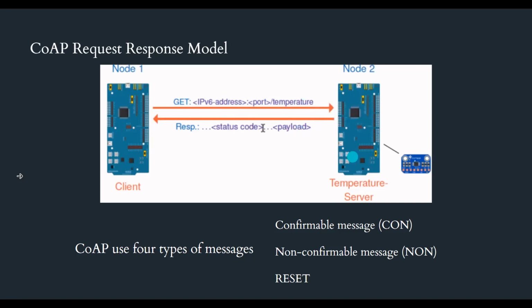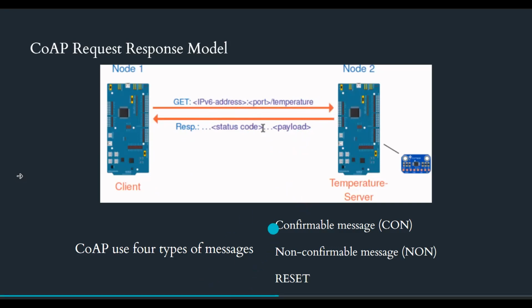The device will respond with the status of the requested information, and it will send the temperature data in the payload. Likewise, the client and server will communicate using CoAP.